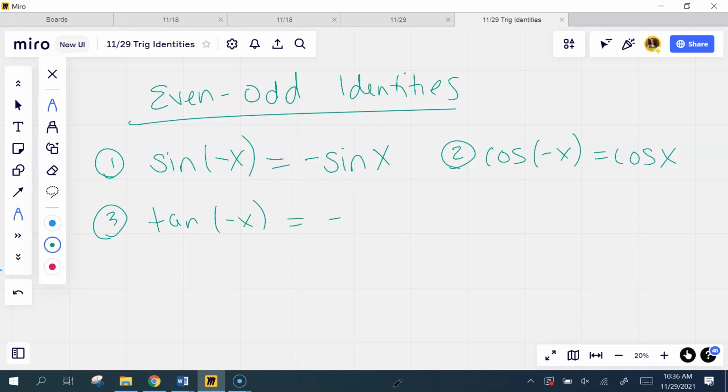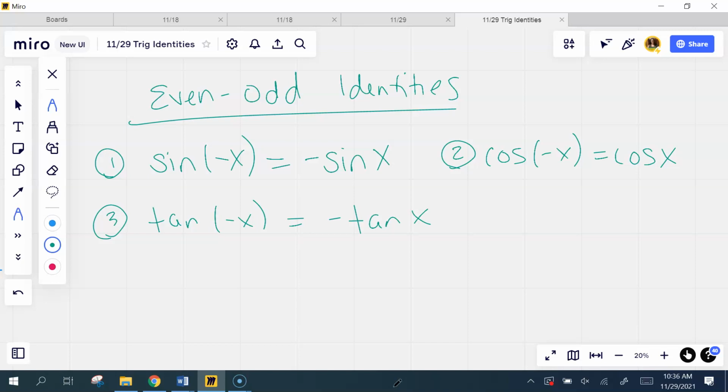And the tangent will also negate the tangent value. No, it does not make it negative. It keeps it the same.